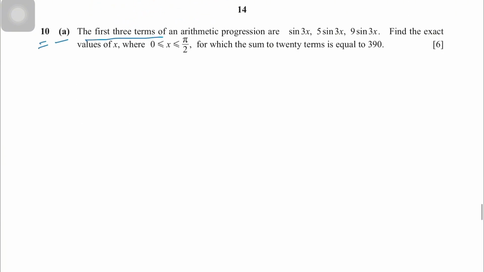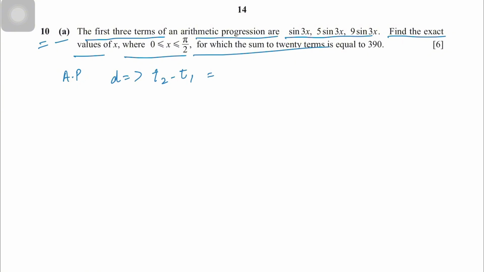Part A, we have the first three terms of an arithmetic progression as this. Find the exact values of x, where x lies between 0 and pi by 2, for which the sum of 20 terms is equal to 390. Since it's an arithmetic progression, we need to calculate the common difference, which is t2 minus t1. We have 5 sine 3x minus sine 3x, so this is basically 4 sine 3x as our common difference.